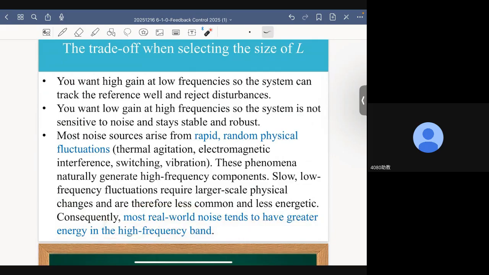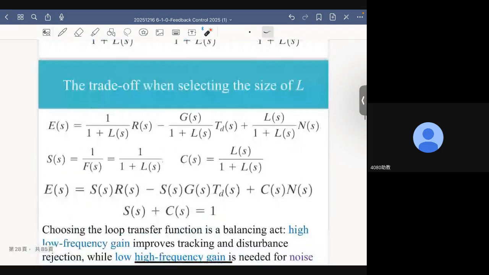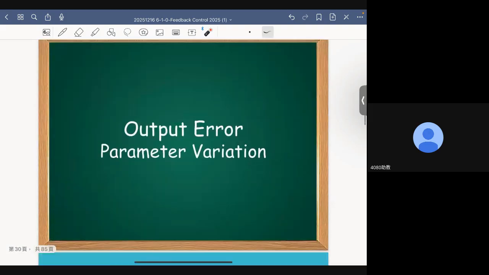Now, this is also one of the reasons why we need to talk about the frequency domain and analytical techniques, because without that kind of understanding, we cannot explain how to select L to balance the impacts of input disturbance and measurement noise in designing a controller.